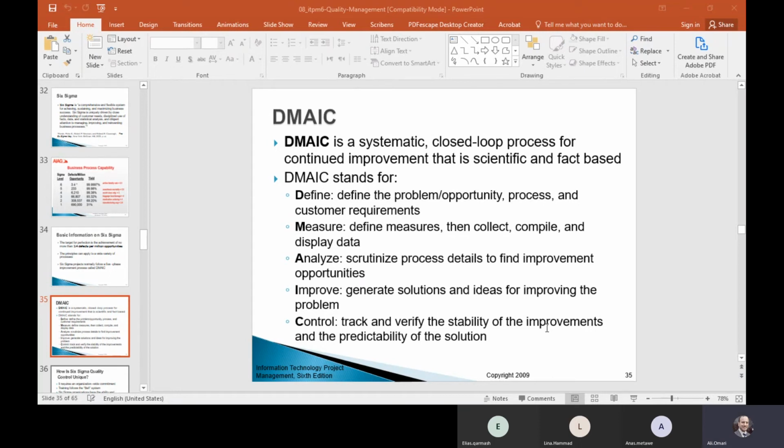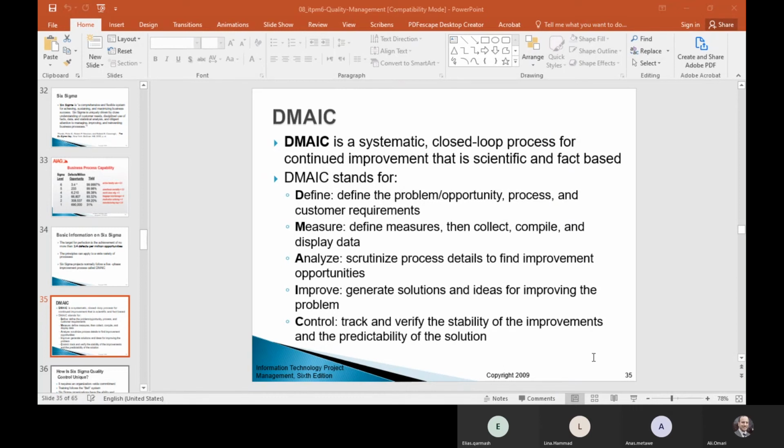The Six Sigma team develops a plan to pilot the solution. Then the Six Sigma team reviews the result of this pilot before going to production, and refines the solution if needed, and then implements the solution where appropriate.